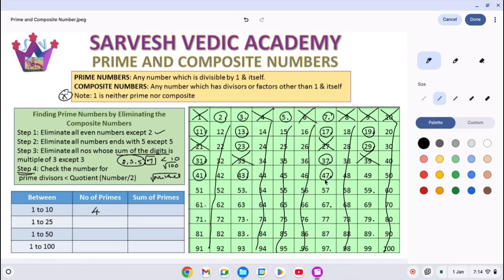But when we go for 49, which is 7 times 7, a multiple of 7, it is a composite number. Here the 7 table we have to notice.